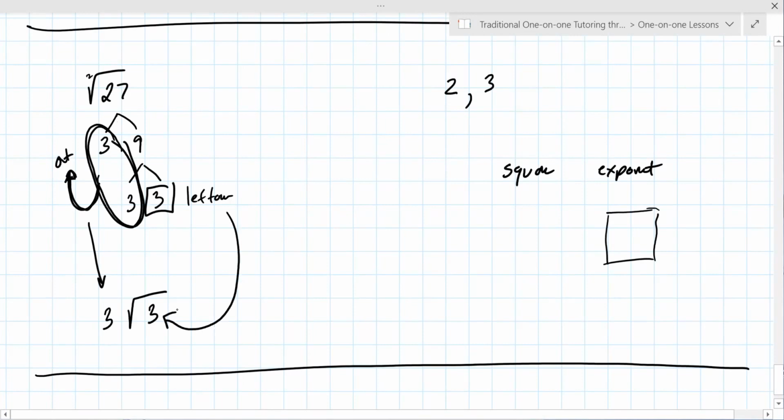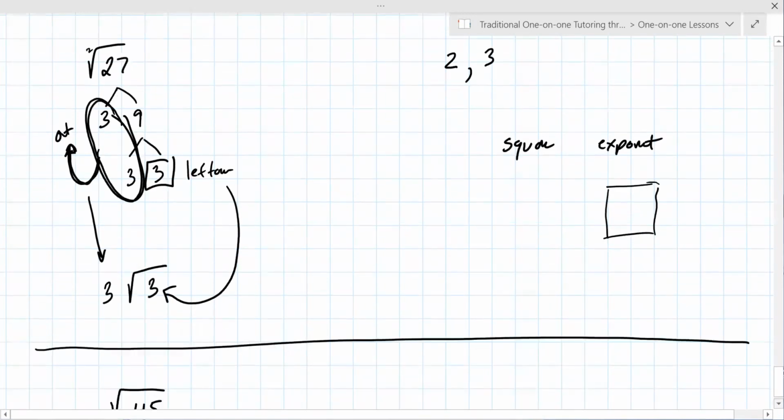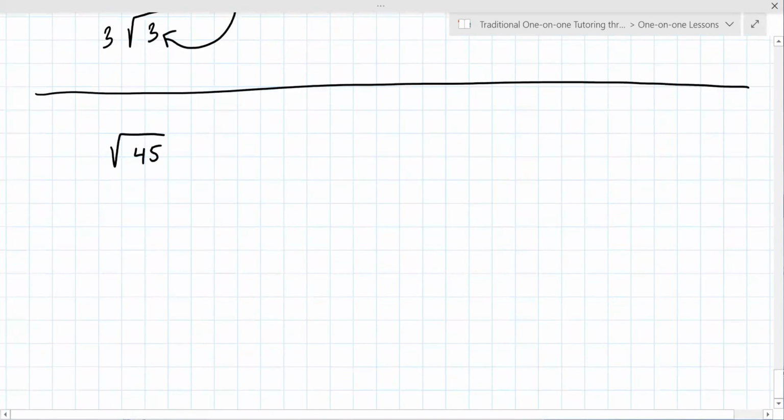Okay. So this one is really similar. It's going to have a number on the outside, a number on the inside. So go ahead and give that a try, please.